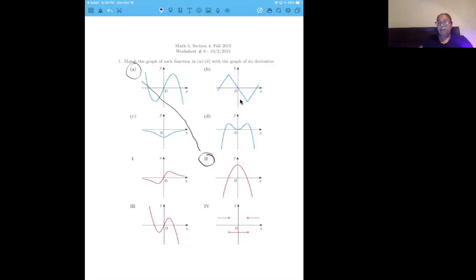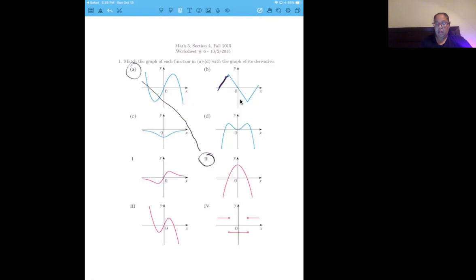Now B. B is pretty easy to find because of this. I know that these are straight lines, which means their slopes are constant. I can't tell exactly what they are, but let's say that this slope is 1. It's increasing and it's 1, so it would be a constant above the x-axis.